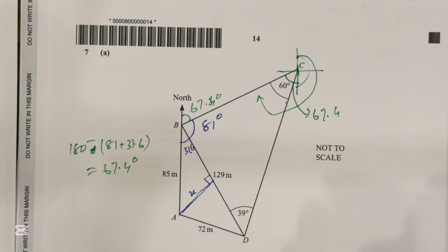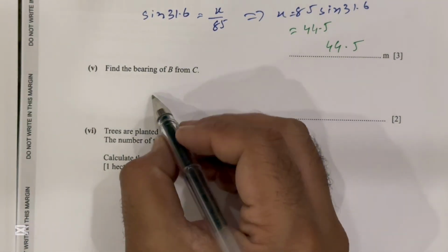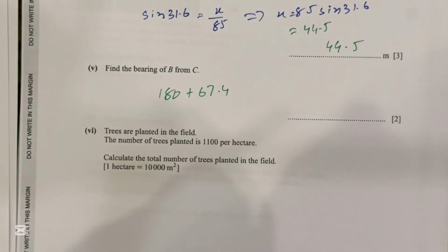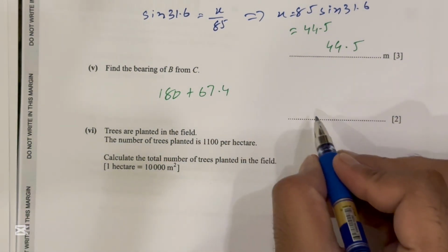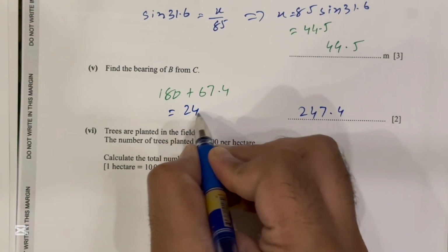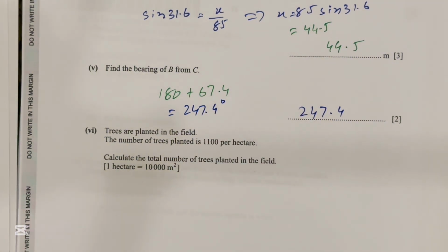So 180 plus 67.4, you get the answer that is equal to 247.4. So this is your bearing.